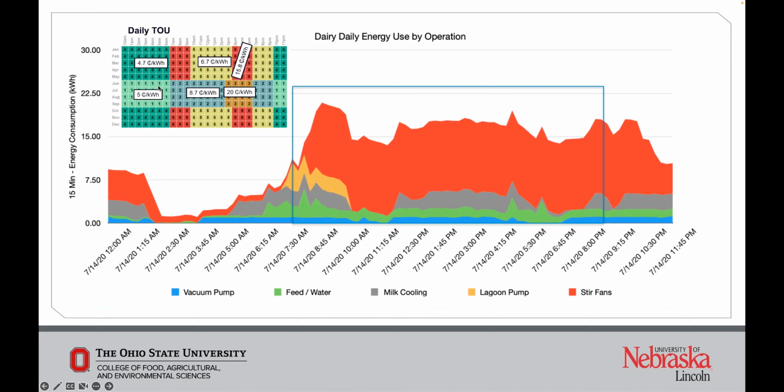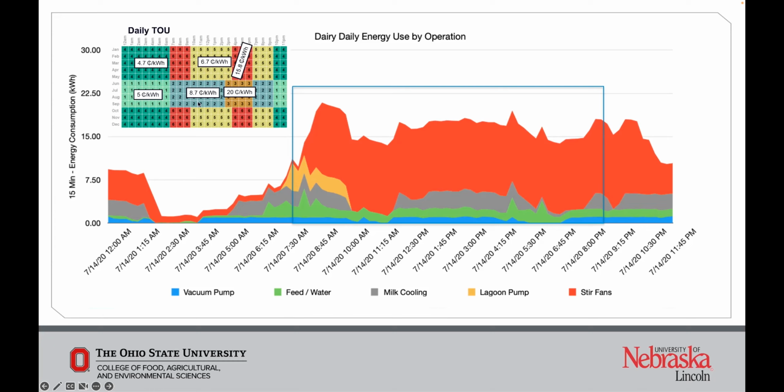So you can see here that this time of use rate, as you move earlier, if we look at 12 a.m. to 6 a.m., depending on the month of year, you're going to be 4.7 to 5 cents per kilowatt hour. So much cheaper than what you would be if you're running in the middle of the day at this 8.7 cents.